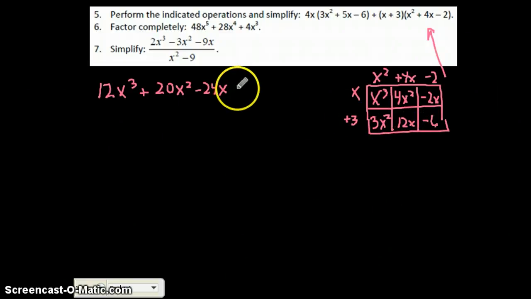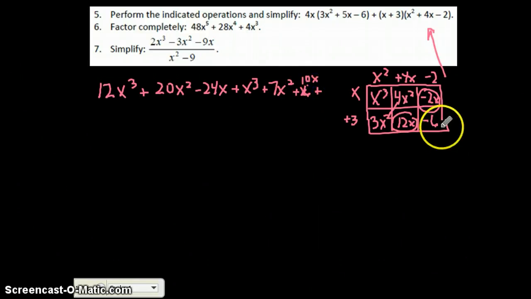That's going to be an x cubed. That's going to be a plus right here. That's going to be a 7x squared. Then I have a 12x minus 2x, which is 10x. Whoops, I messed up there, so I'm just going to put the 10x over here. Plus, and then my negative 6. All right, now put the like terms together.